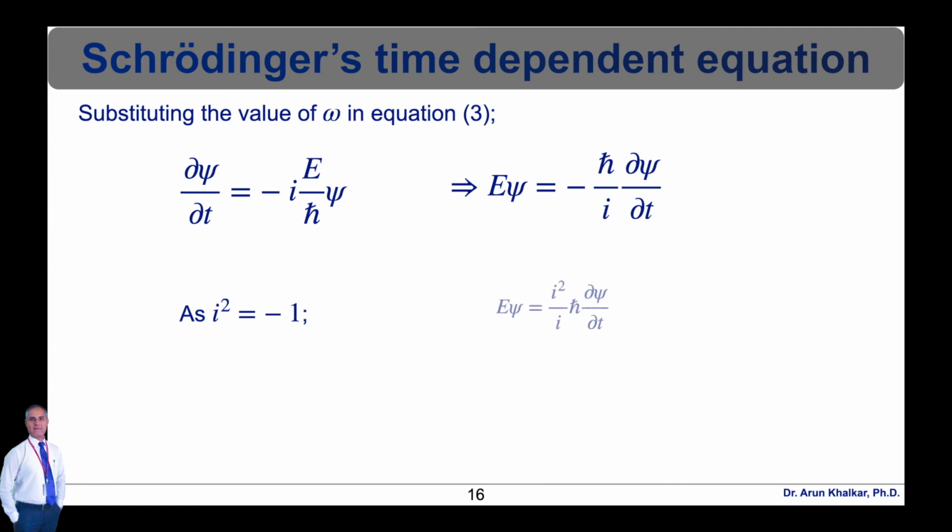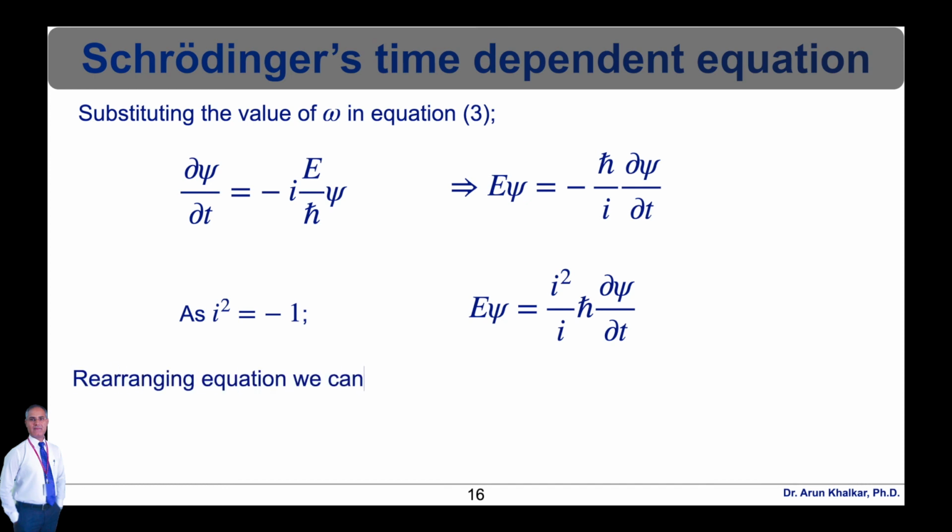Therefore, we can write capital E into psi is equal to small i square upon small i into h bar into delta psi by delta t. Rearranging, capital E into psi is equal to small i h bar delta psi by delta t. Let's say this is equation number 5.